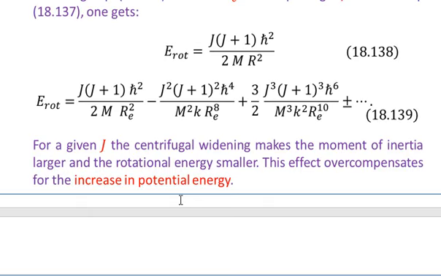So you see that if the potential energy increases, then this will be compensated by the decrease in the rotational energy because of the increase in the moment of inertia due to the rotation of the molecule and due to the effect of centrifugal widening.